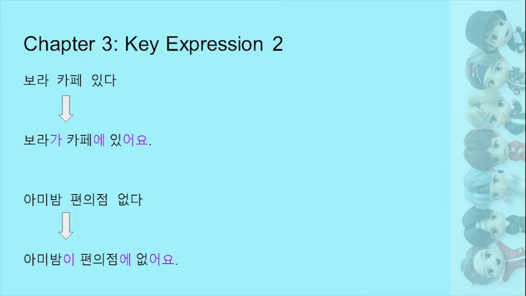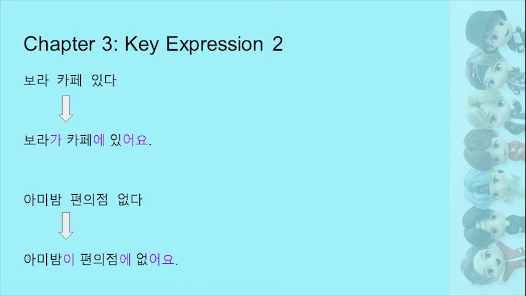So in the next example, we have a noun, which is 아미밤, of course, armybam. Then we have a location, which is a convenience store, 편의점. And then we have a verb, which is 없다, or to not exist. So if we want to make a sentence out of this and use our particles and our conjugation, we're going to put the subject marking particle with 아미밤, which takes 이 because it ends in a consonant.